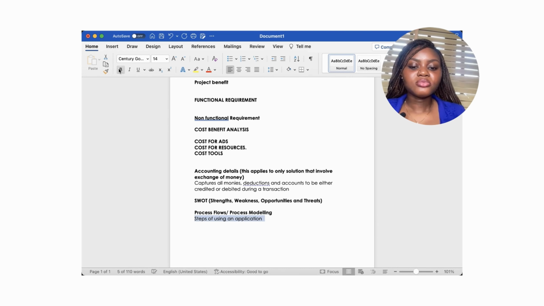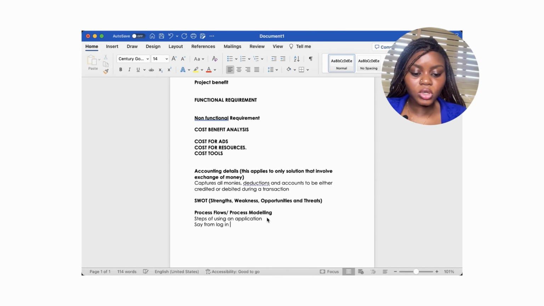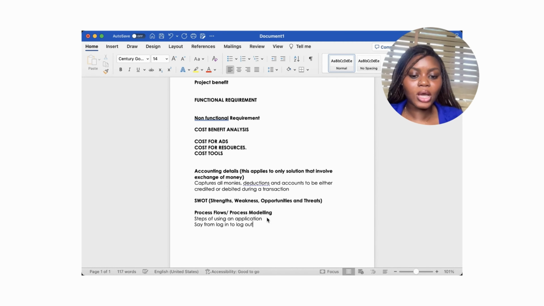So you're saying from the point where I log in to when I leave the application, from login to logout. Do you understand? What are the things I do once I log in on the application? What are the things that I do throughout my time on the application till I'm done with using the application?